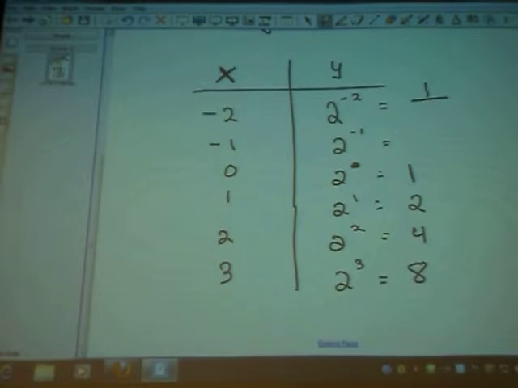It'll send that exponent to the denominator and make it positive. So 2 to the -2 is the same as 1/2 to the positive 2 power, which is 1/4. I'm going to make you guys Google negative exponents, see what that actually means. So 2 to the -1 is the same as 1/2 to the positive 1 power, which is 1/2.